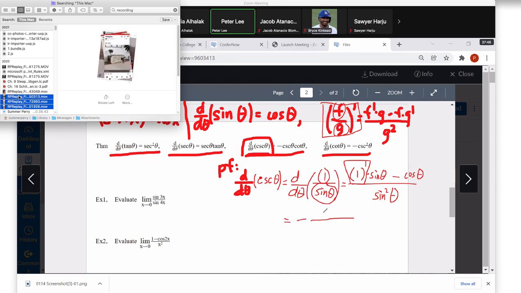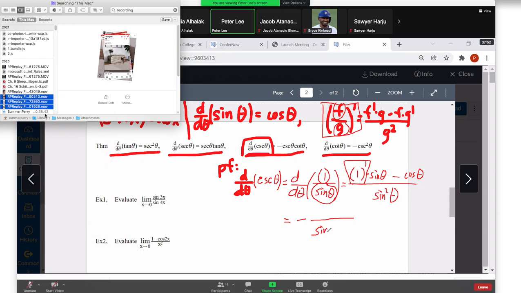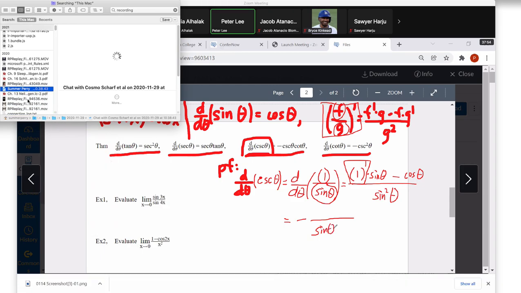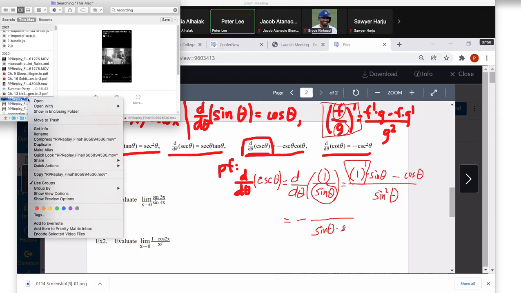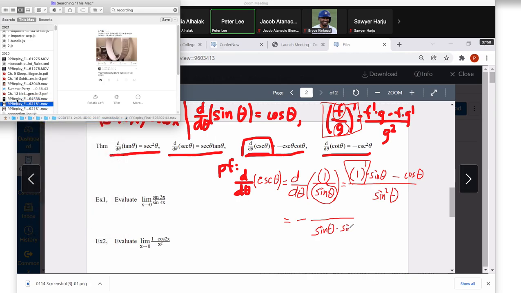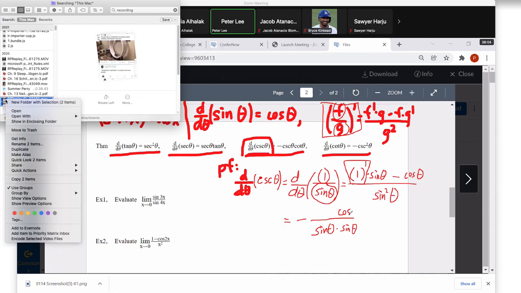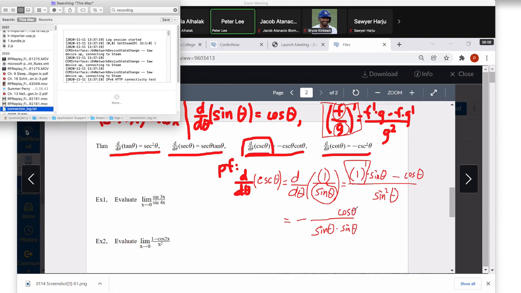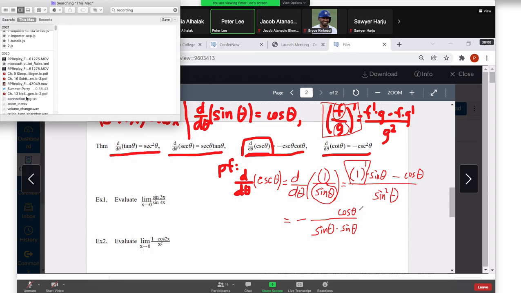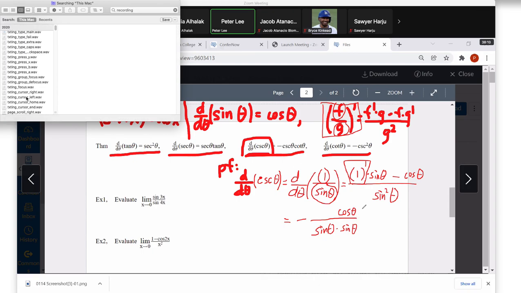I'm going to write this as sine theta times sine theta in the denominator, and then cosine theta over here. Why am I writing it this way? Because I want to get to the other side.